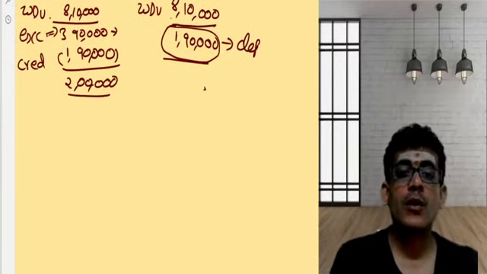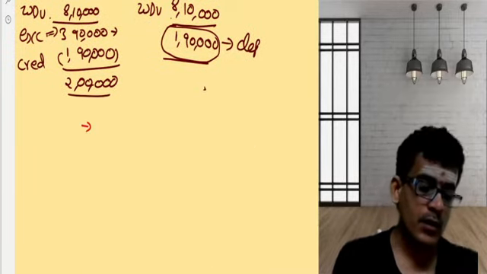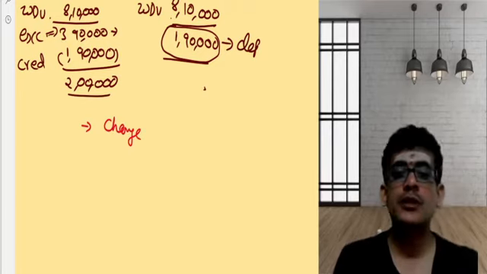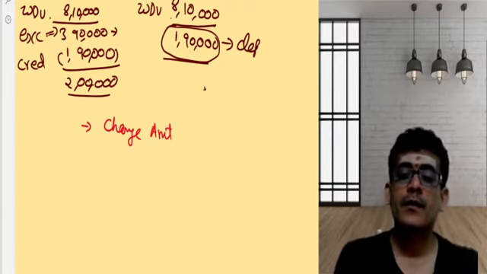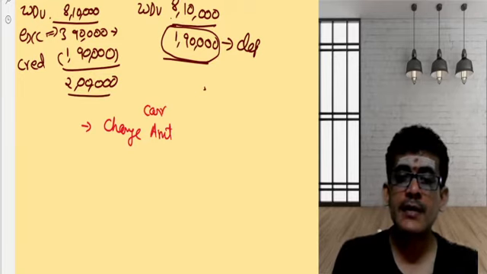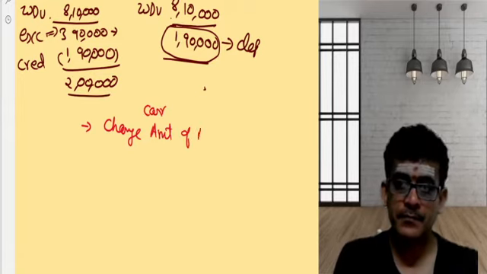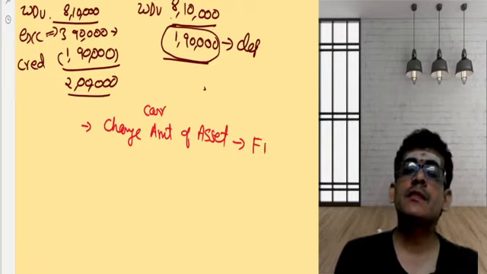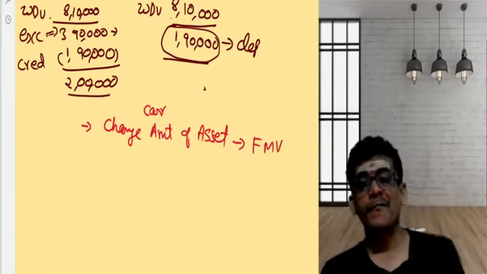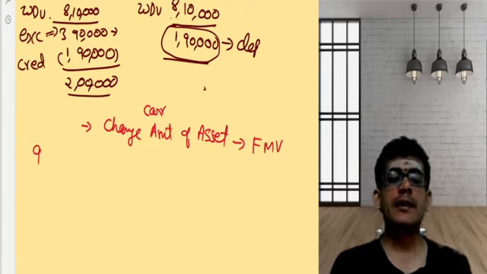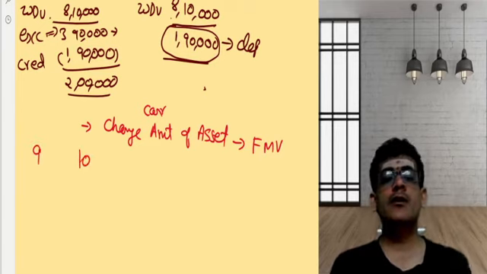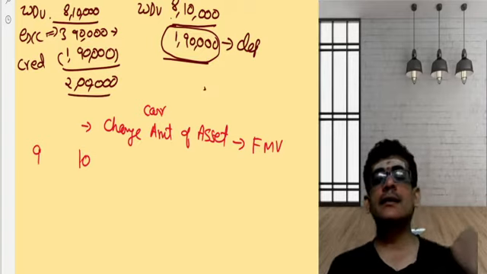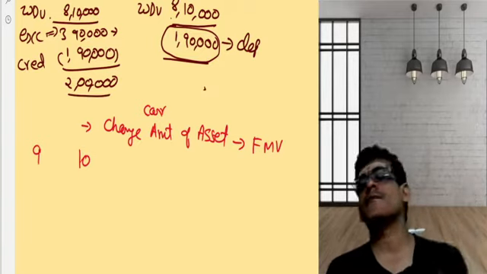Now, the last point here. The last point says you are having any change in the amount of asset. There is something called the carrying amount of asset. Change in carrying amount of asset compared with the fair market value. Carrying amount of asset was 9 lakhs. Fair market value of the asset is increasing to 10 lakhs. So ultimately, there is an increase in the fair market value of the asset.